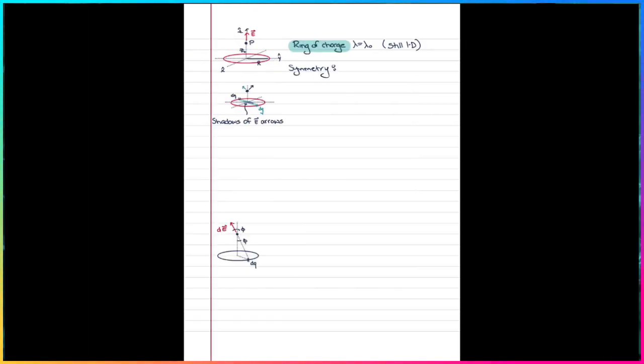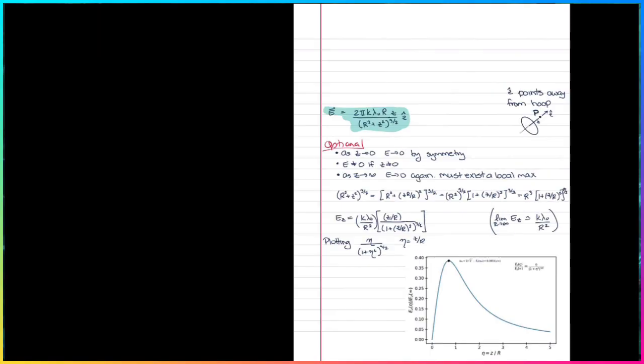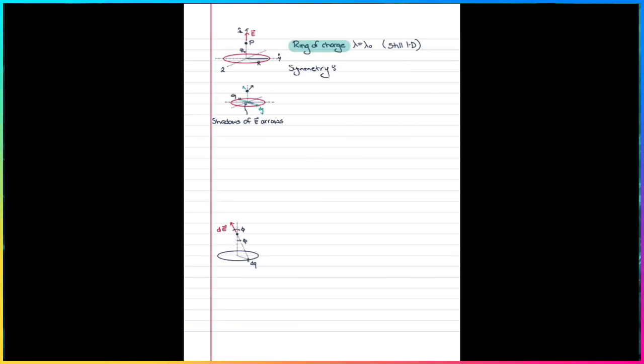So essentially where we're going, the next problem to do is a ring of charge. I take my wire and bend it into a ring, and then I consider some point off the center of the ring, on the symmetric axis of the ring.